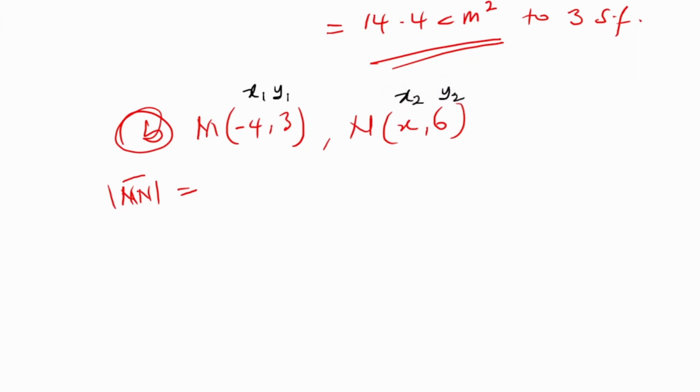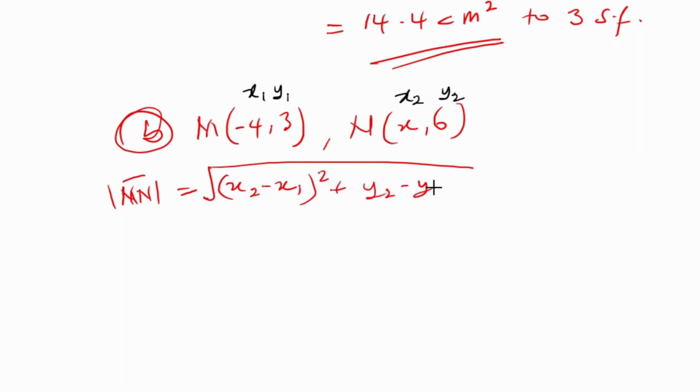So now stating the distance formula, which says the length MN will be the square root of x2 minus x1 all squared plus y2 minus y1 all squared.